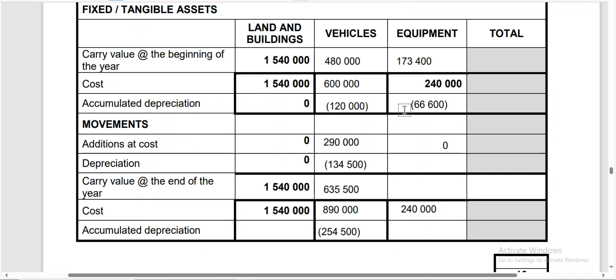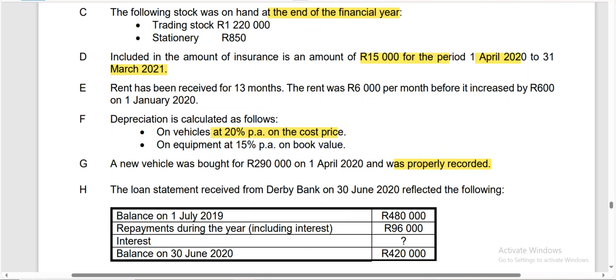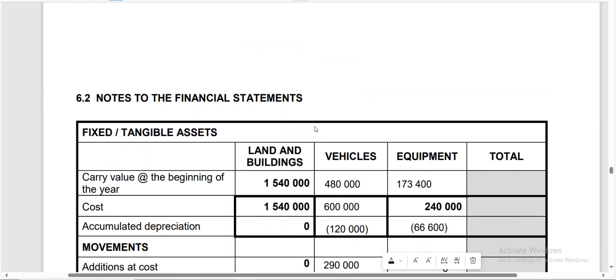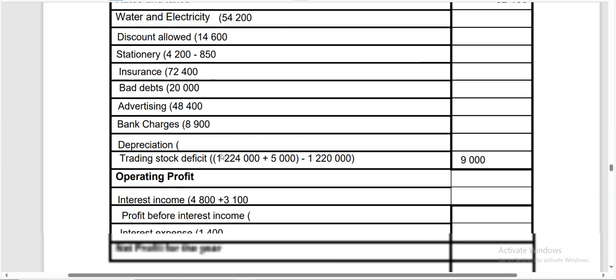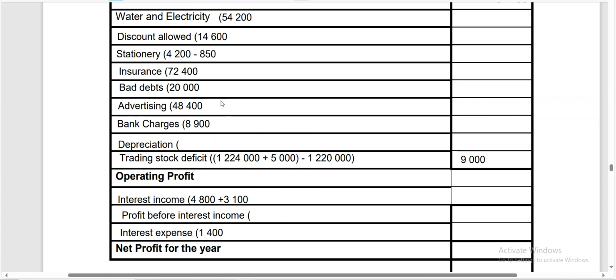We enter that 26,010 here, but it will be in brackets. When you've done this, guys, you are almost there with your answers. This 26,010 we must also transfer to the income statement because we were required to do it.